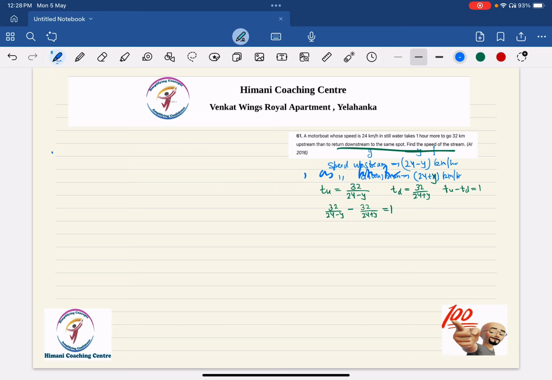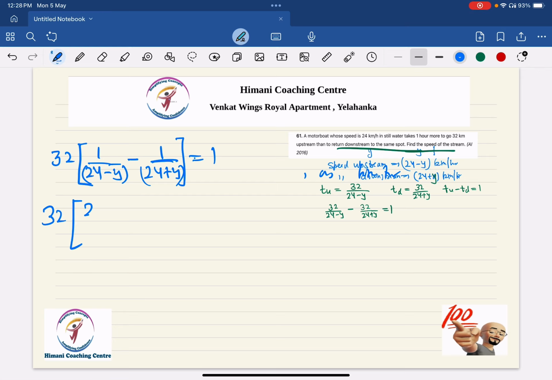So I can take 32 common and we are left with 1 over 24 minus y minus 1 over 24 plus y equals to 1. Now we do the LCM. So we will have 32 into 24 plus y minus 24 minus y divided by 24 minus y times 24 plus y, which is equal to 1.